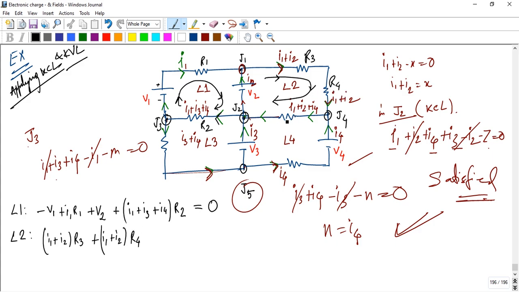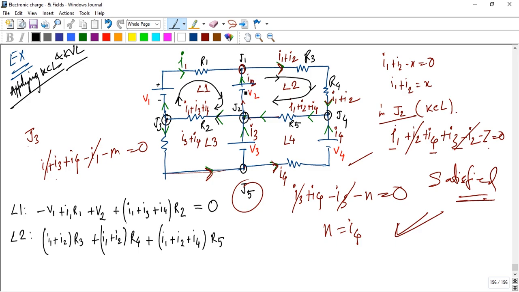Now suppose this resistance name is R5. In that direction, obviously, we choose plus, same direction, (I1 plus I2 plus I4) times R5.